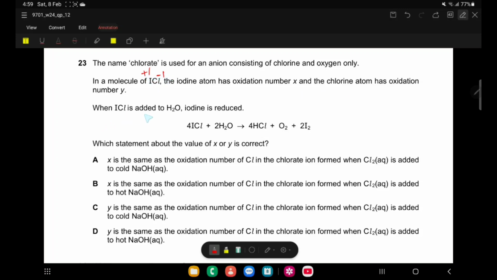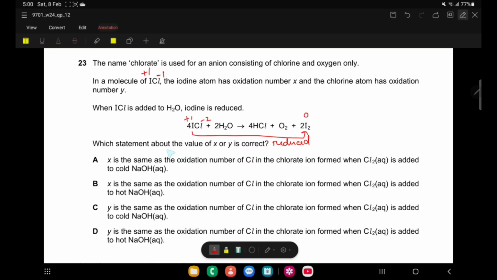When ICl is added to water, iodine is reduced from +1 to 0, gaining 1 electron.